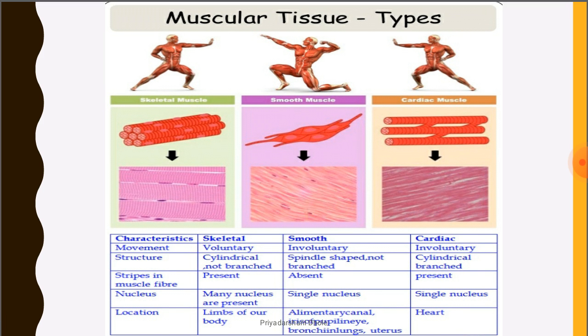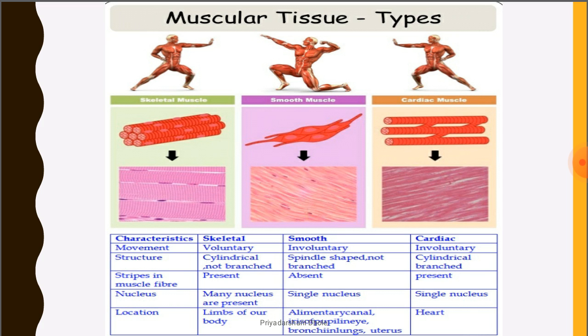Voluntary movement means the movement which is under our control, which we can control ourselves. For example, running, jumping, writing, eating are movements under our control, and this is called voluntary movement. Smooth muscles are involuntary, which is not in our control. Cardiac muscle is also involuntary.